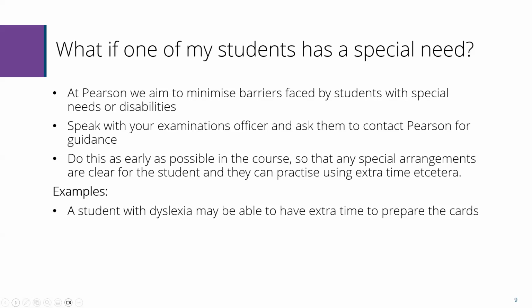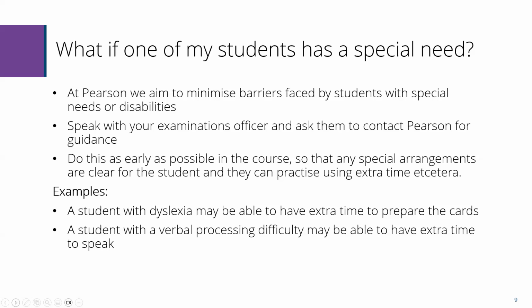So, examples: a student with dyslexia may be able to have some extra time to prepare the cards, okay? And a student with some verbal processing difficulty may have extra time to speak. So again, we need to make sure that we have removed that barrier.